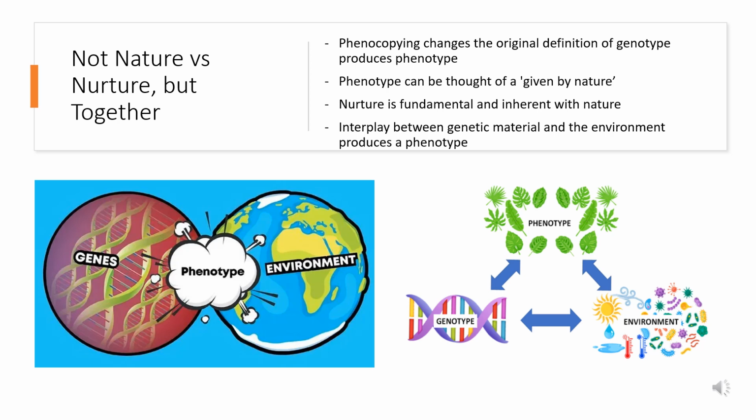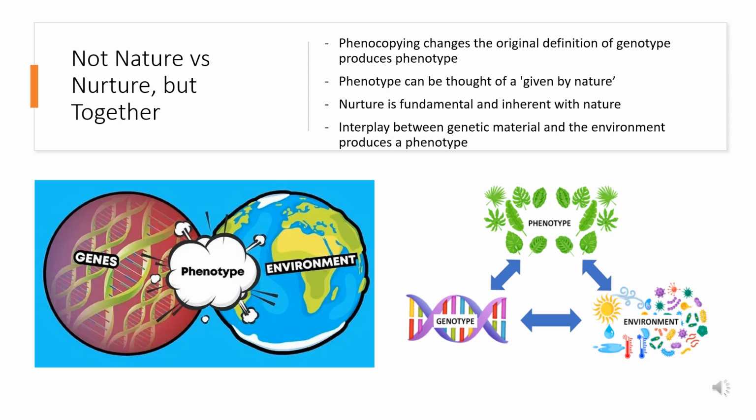But phenocopying no longer has this separate dichotomy of nurture versus nature, of which one was more important. It's nurture and nature, and they're interconnected. A phenotype can be thought of as given by nature, in the sense that the genes or the material produce a specific phenotype.